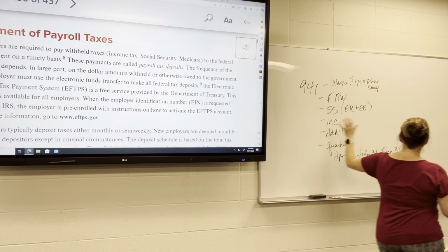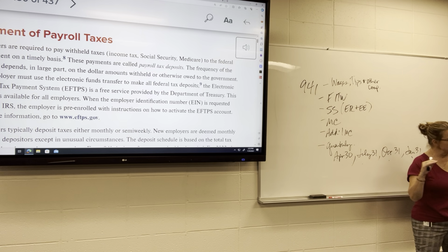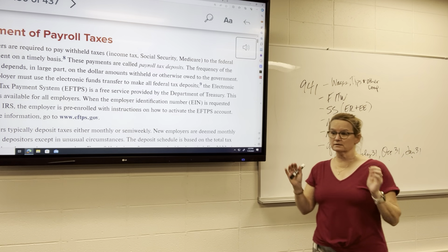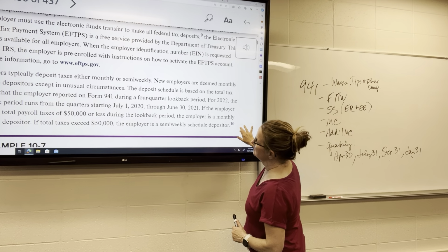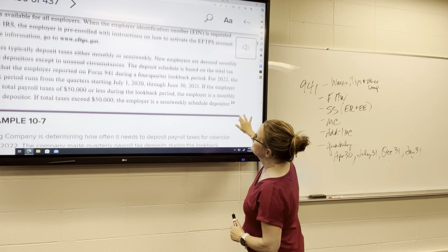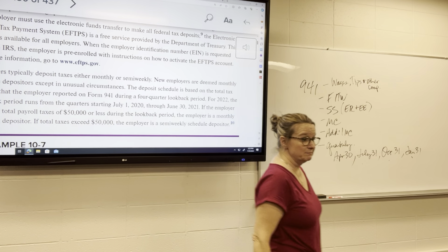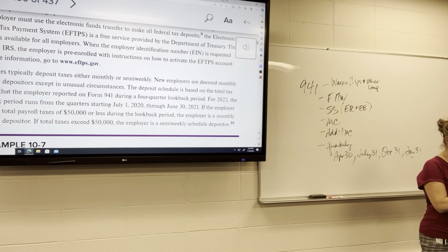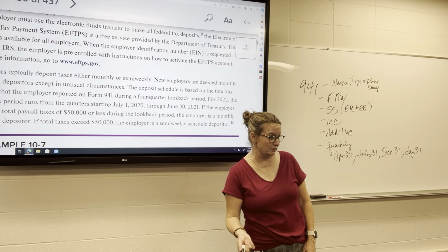So the payroll taxes may be due on a quarterly basis, but only if the amount the employer owes fits within the guidelines. Employers always start out depositing on a monthly basis. When it's on a monthly basis, it is due by the 15th of the following month. The deposit is due by the 15th of the following month.